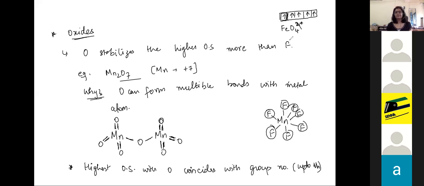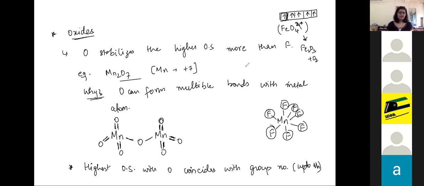But these are unstable and they decompose to Fe2O3, giving out oxygen. So theoretically ferrate ions are known to exist, but they're highly unstable. In neutral compounds, the way Mn2O7 exists, the highest oxidation state that iron shows with oxygen is Fe2O3. So that's the +3 oxidation state.